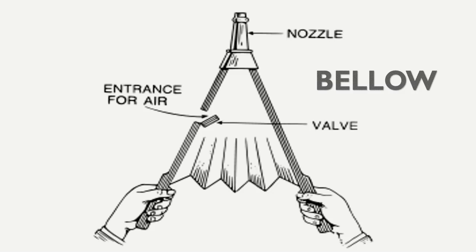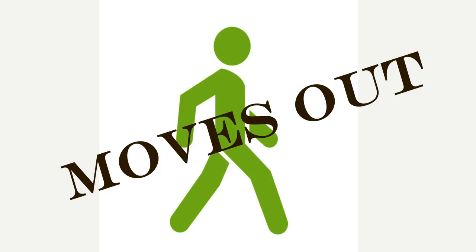This works actually when compression or expansion of this bellow takes place. When the bellow expands, the air rushes in through the entrance valve, and when the compression takes place, the air moves out from the nozzle.